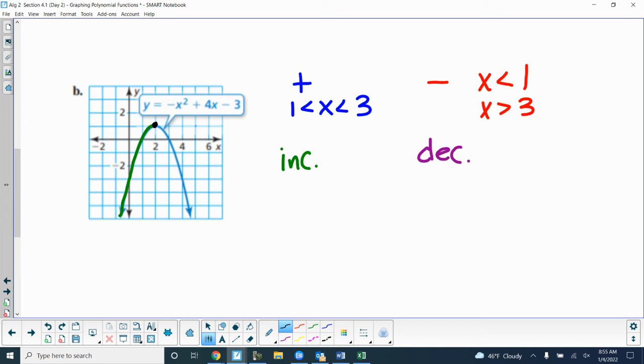We're doing the domain part, okay? So it's increasing when x is greater than or less than 2? Less than 2. Oh, I should do it in green, shouldn't I? Sorry. All right, and then decreasing when x is greater than 2.